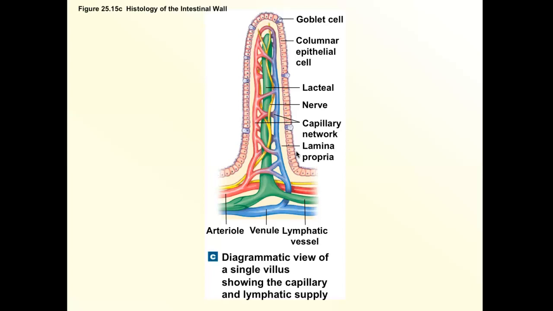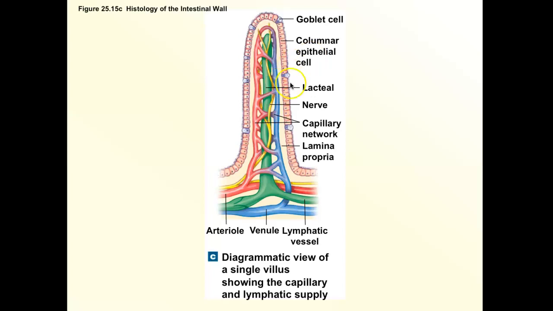If you look at Roman numeral B, where I say villi, there is the lacteal. This might look familiar to you because you learned about the lacteal in the lymphatic system. So there's this green lymphatic capillary inside every villus. So a lot of them. That lacteal from the lymphatic system absorbs lipids.